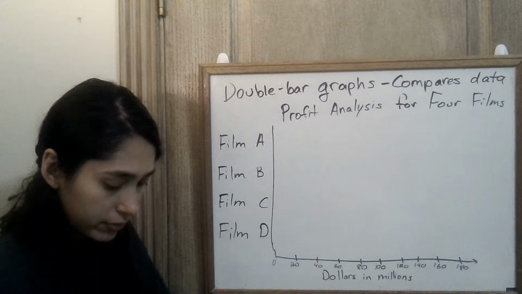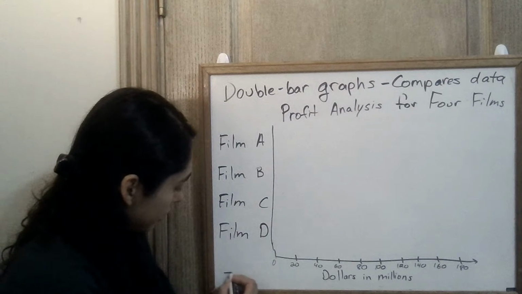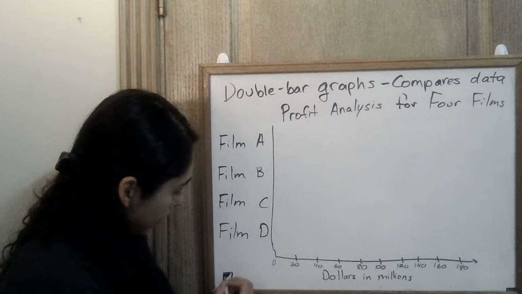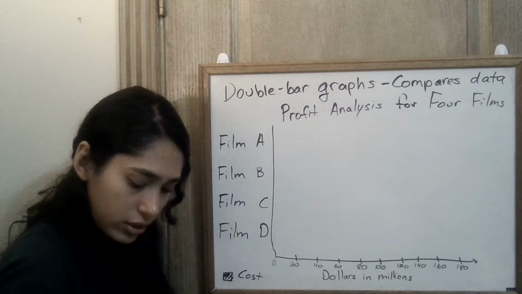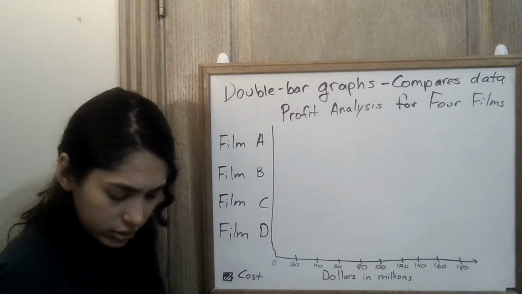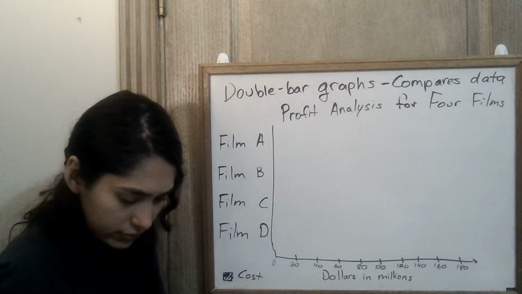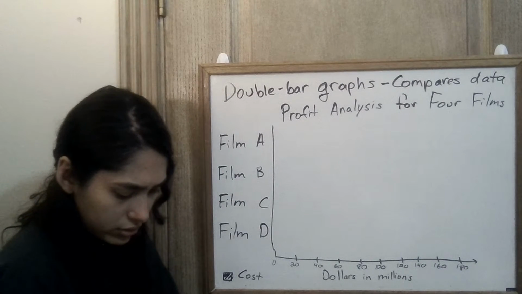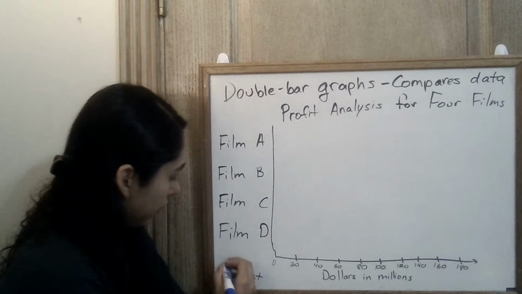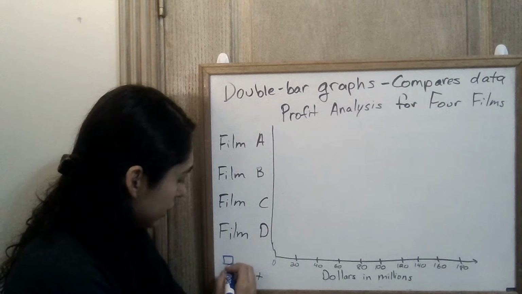See, where do I have room? I'll go ahead and use this. This is the cost, this little color. And then here are going to be ticket sales.